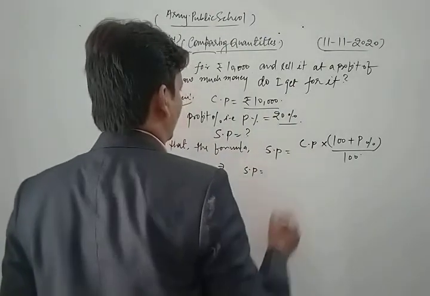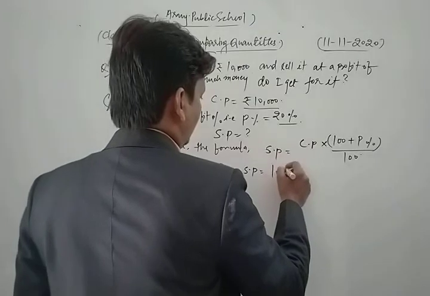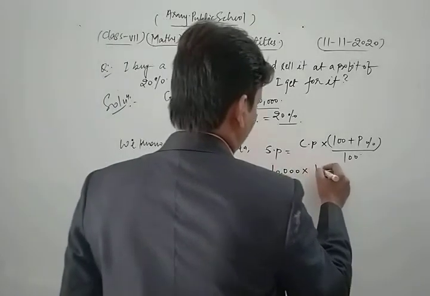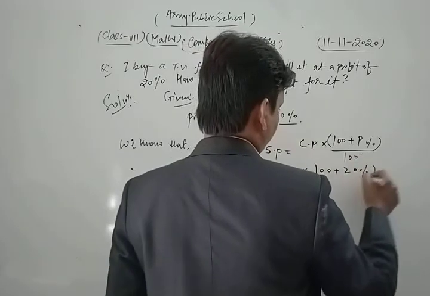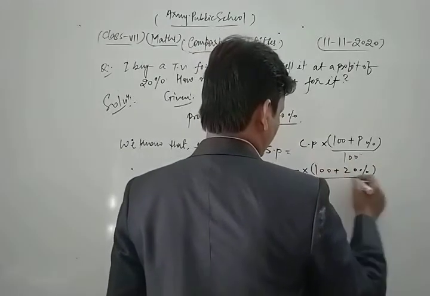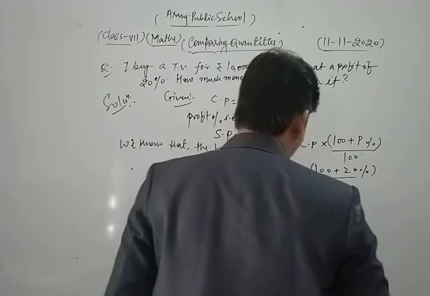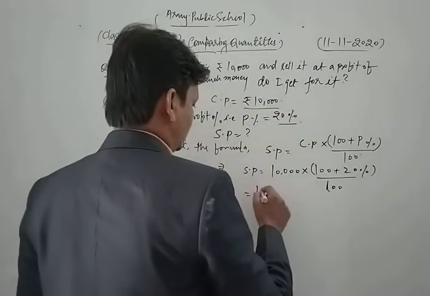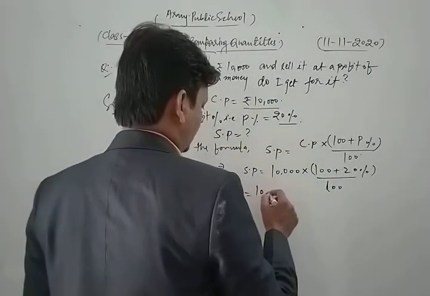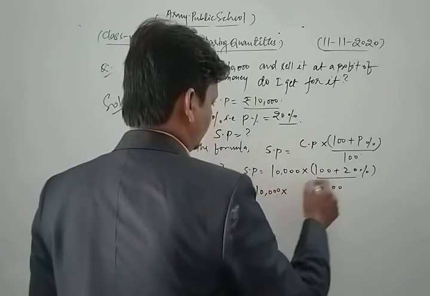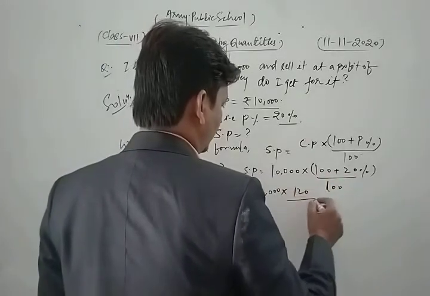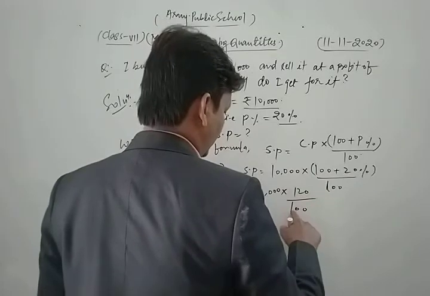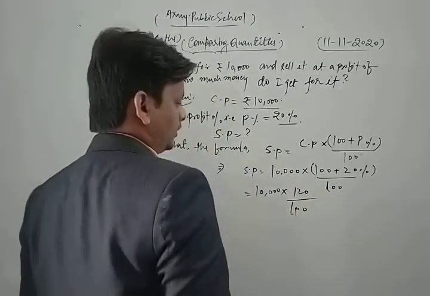Now we put in the values. Selling price equals cost price, which is 10,000, into 100 plus profit percent, which is 20, upon 100. So 10,000 into 100 plus 20, that is 120, upon 100. Now we simplify and get our result.